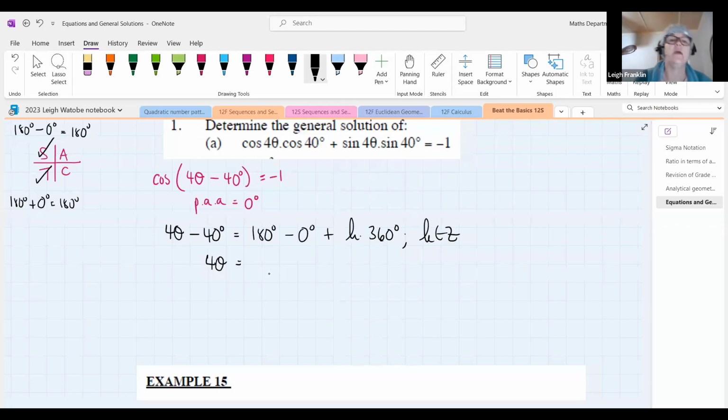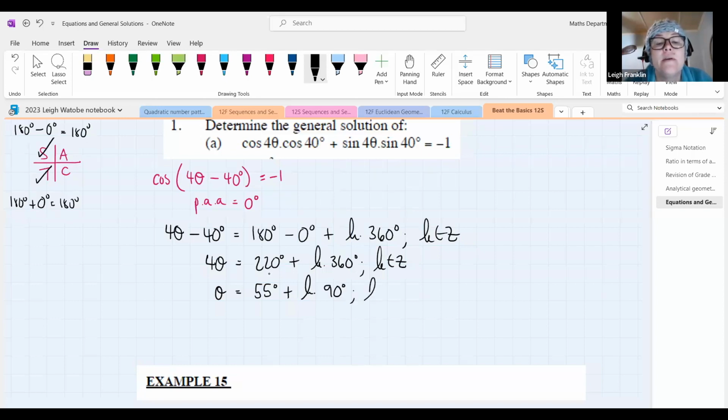We're transposing the negative 40. That gives us 220 plus k times 360, k is an element of the integers. And now we have to divide every term in the equation by 4. So that gives us theta equals 55 degrees plus k times, this also has to be divided by 4, so this is 90. And we end up with that.